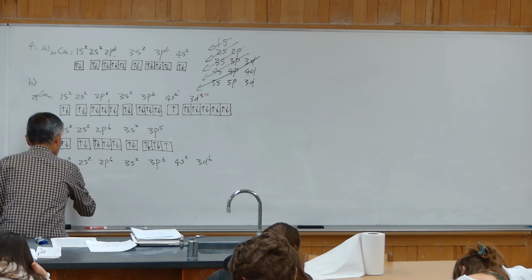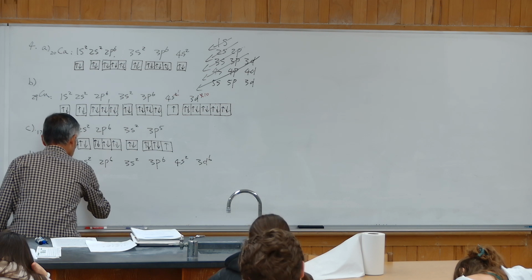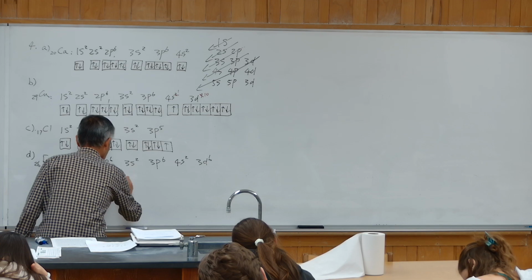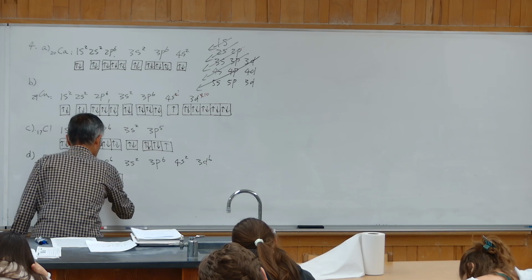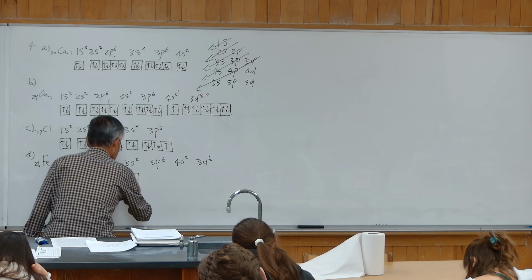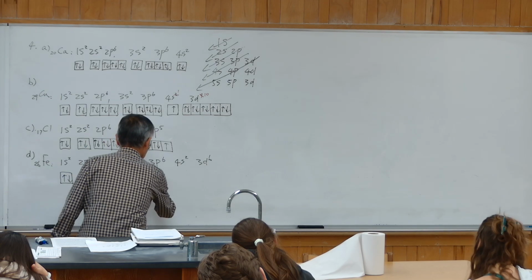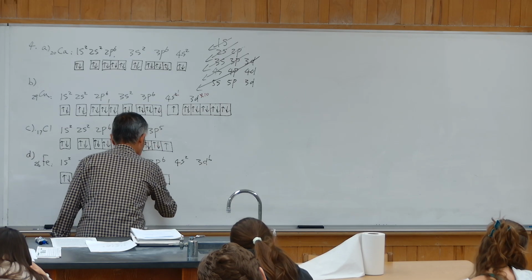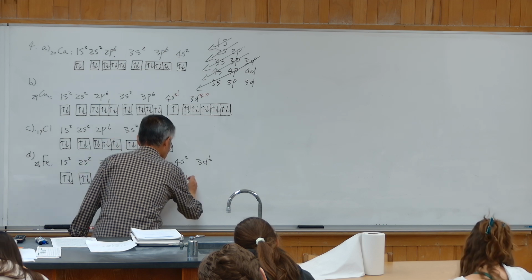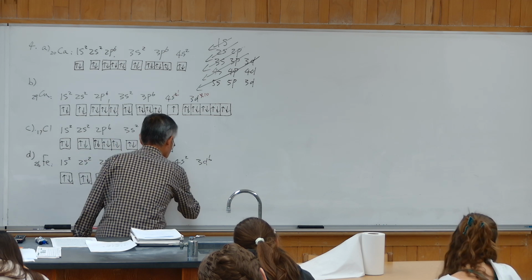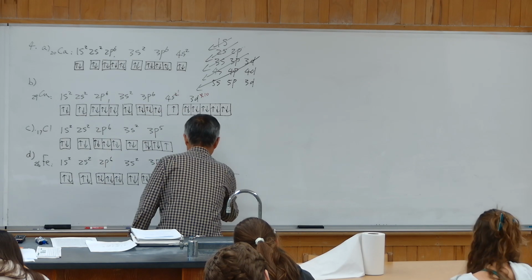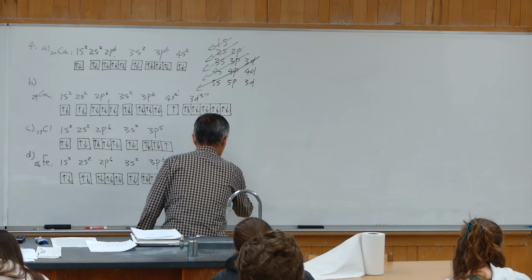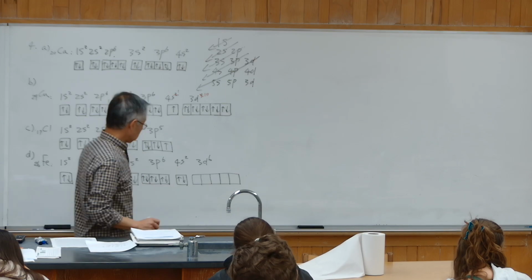1 orbital in 1s. 2s also 1 orbital. 2p, 3 orbitals. 3s, 1 orbital. 3p, 3 orbitals. 4s, 1 orbital, and 3d, 5 orbitals. 5 orbitals, 6 electrons.